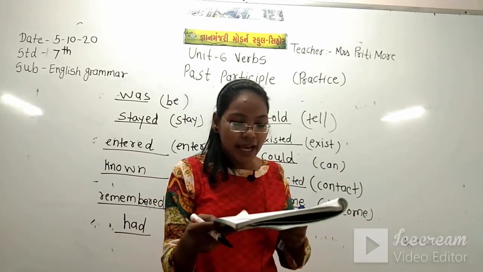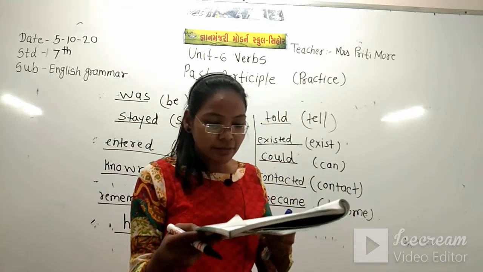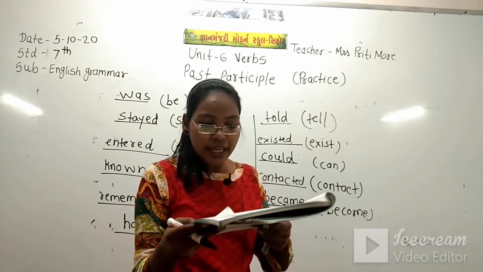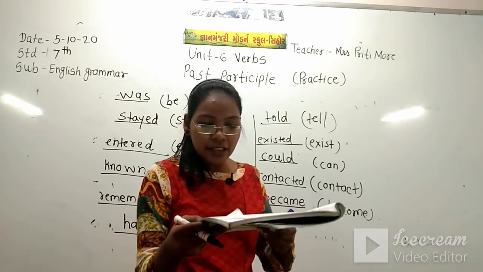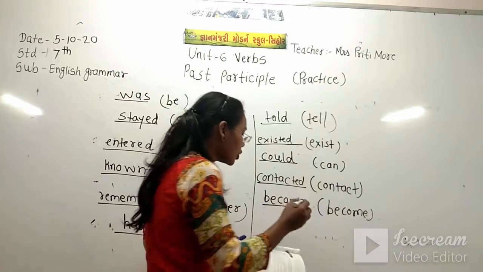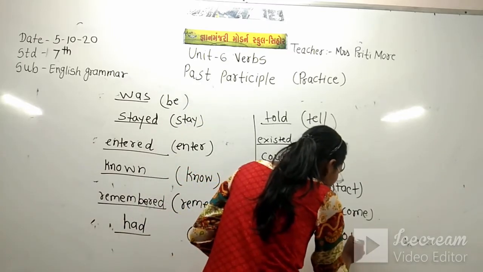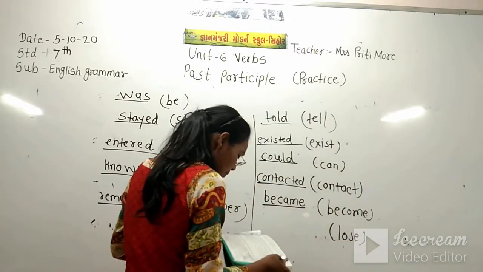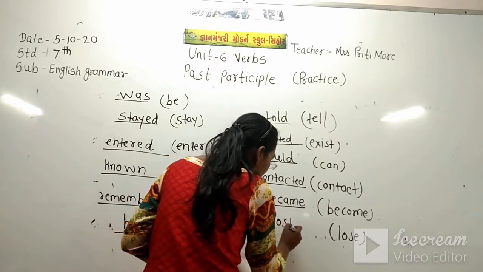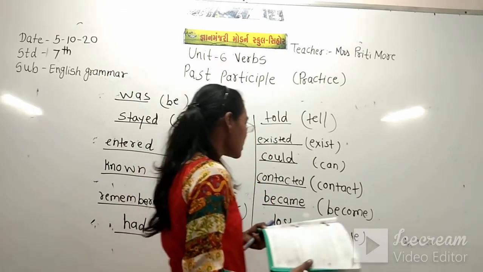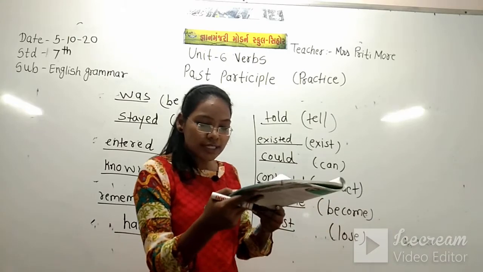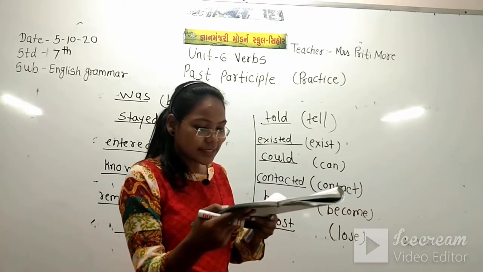Suddenly a dark blanket of fog enveloped her plane. Trantham, now the lose is there. Then lose becomes lost. The past form of lose is lost. Lost sight of the horizon and city lights.